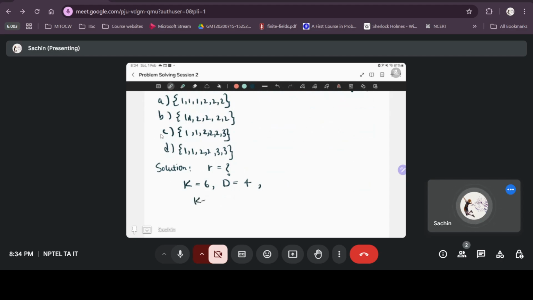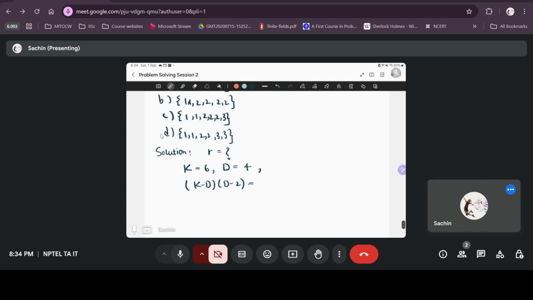So k minus d into d minus 2 is 2 into 2 is 4, d minus 1 is 3. So now the remainder here is r, so r is equal to 1.